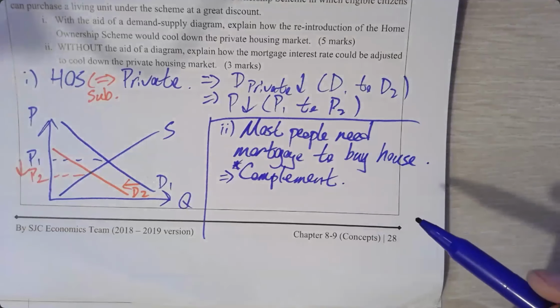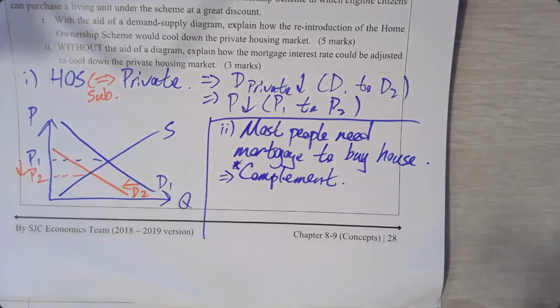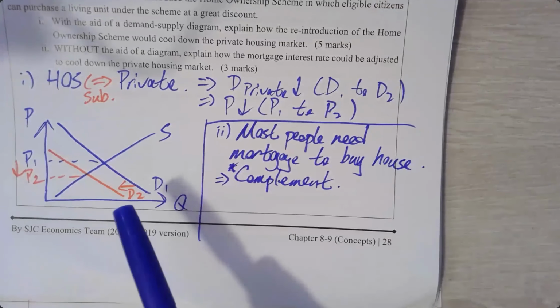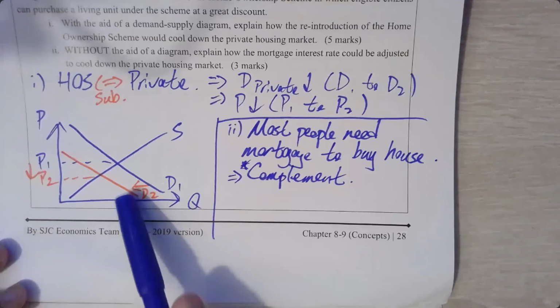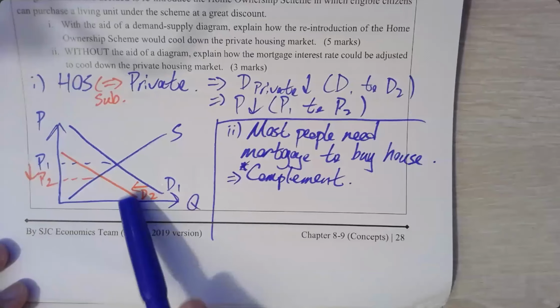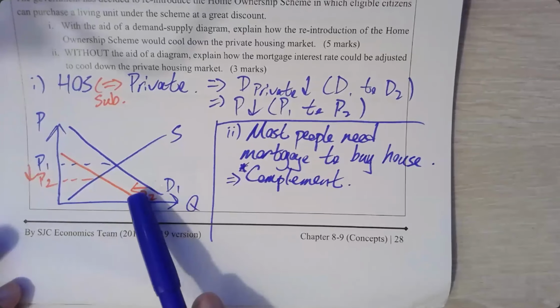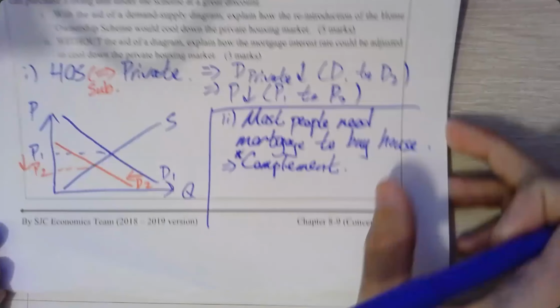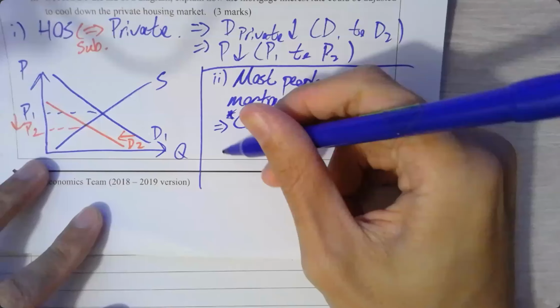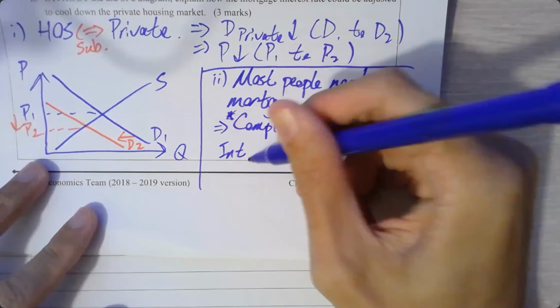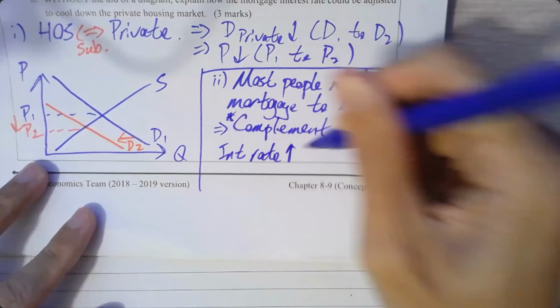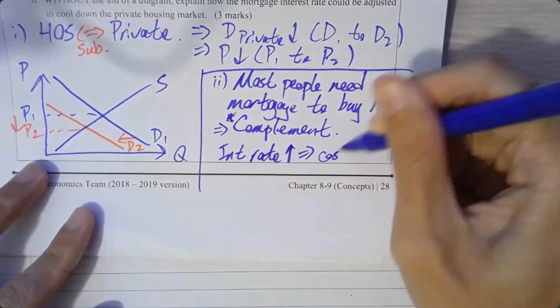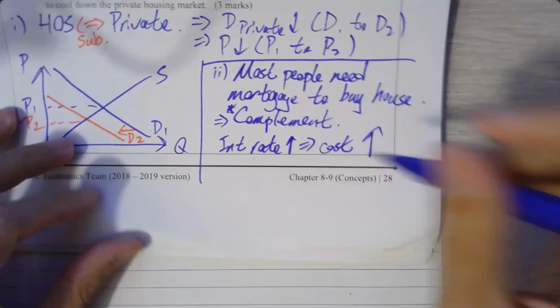OK, 好嘛？Now, in order for the demand of private housing to decrease, we need people to apply less for mortgage. Okay, therefore, when interest rate increases, cost of borrowing increases.